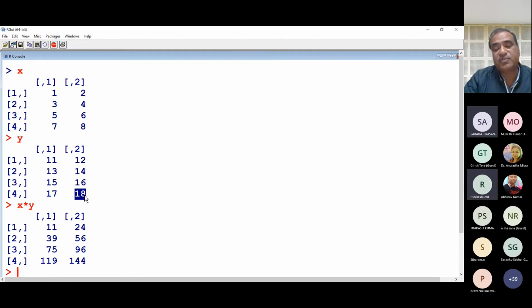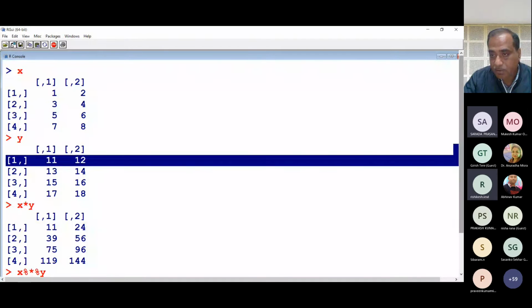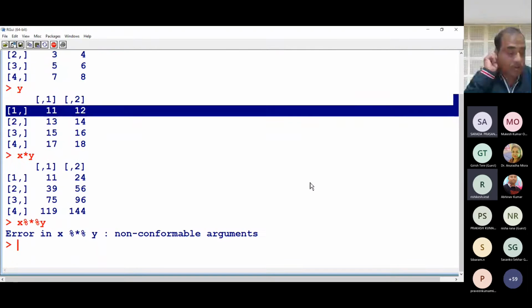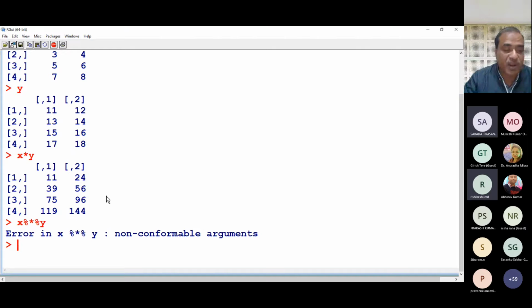Whereas matrix multiplication is a very different thing, where rows are multiplied with the corresponding elements of columns. For example, if I give X transpose star Y, you will see that it will not work, because multiplication has to be defined in such a way that the number of columns in the first matrix and the number of rows in the second matrix should be the same.